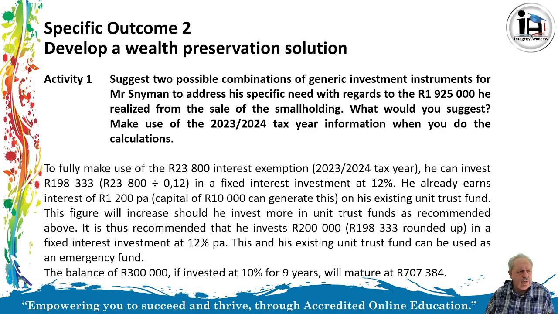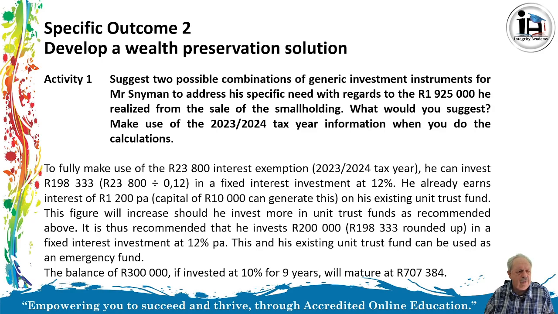He already earns interest of 1,200 per annum on a capital amount of 10,000 on his existing unit trust fund. This figure will then increase should he invest more in unit trust funds as recommended, because we're now going to add another 23,800, which will then push it up to 25,000.